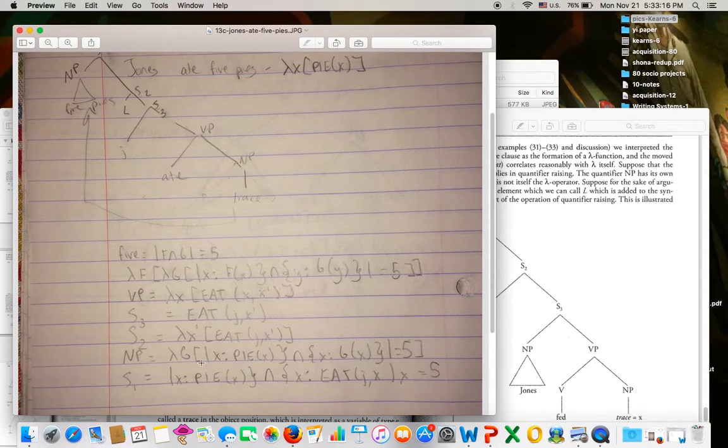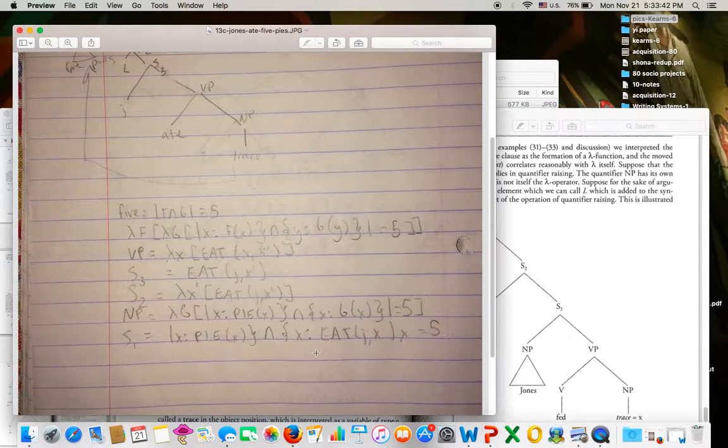So we have lambda g. We've established that the first predicate, the f predicate, is pi. So the overlap of pi and something is going to be 5, but we haven't plugged in for the g predicate yet, right? And we still have it out here too, indicating that this part of 5 is unsaturated, okay? So we've saturated one of the predicate positions that 5 is looking for, but not the other one.